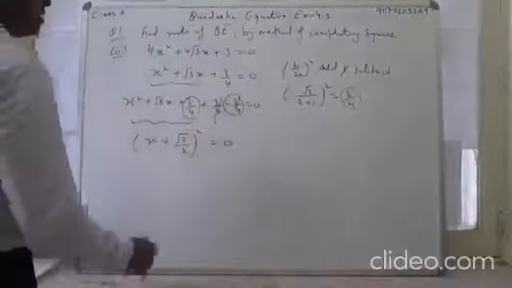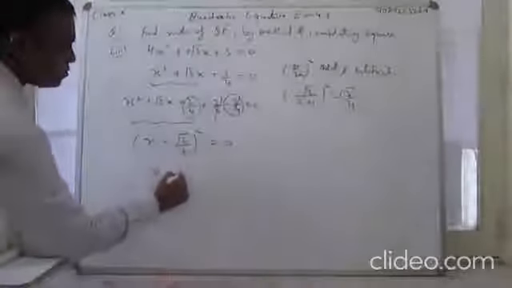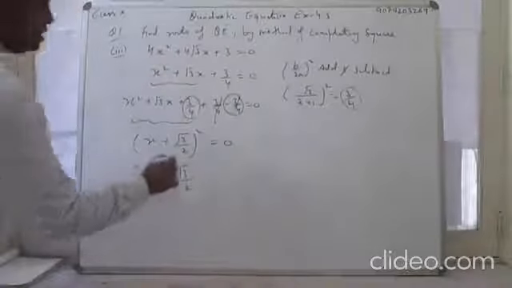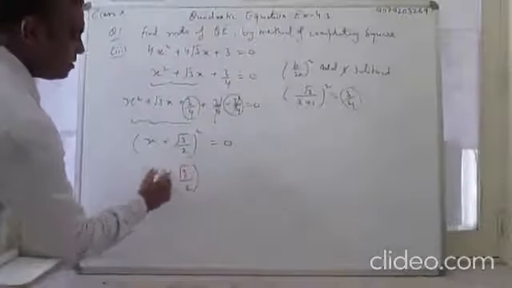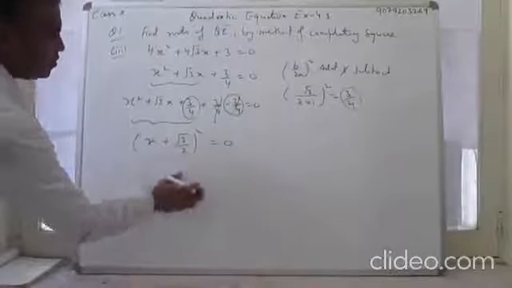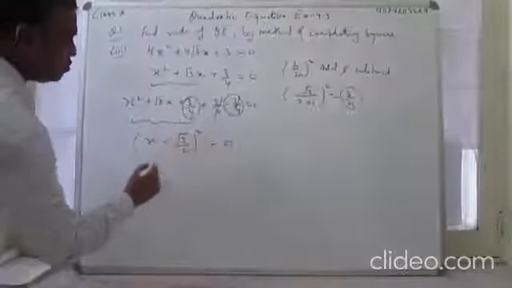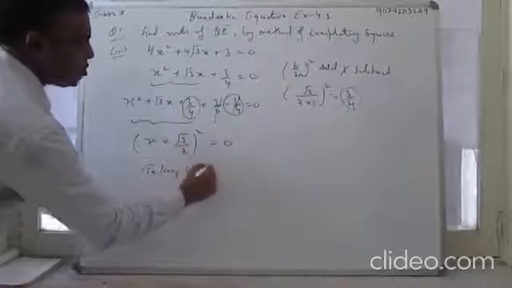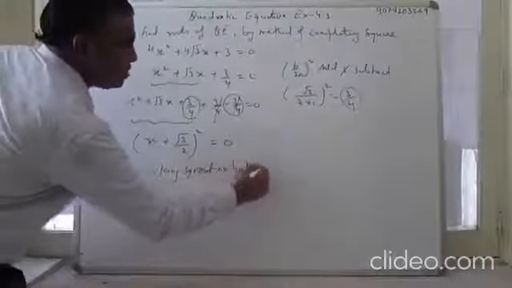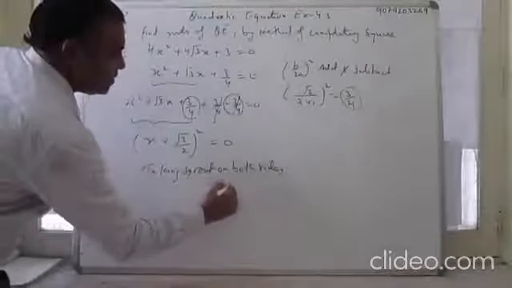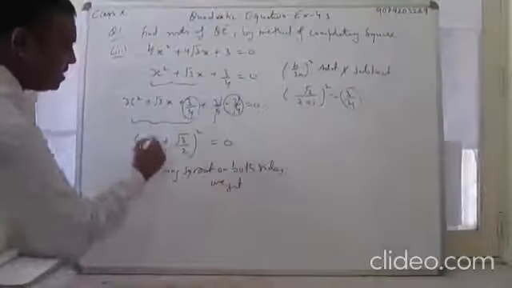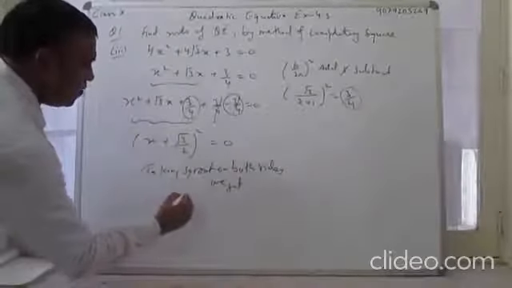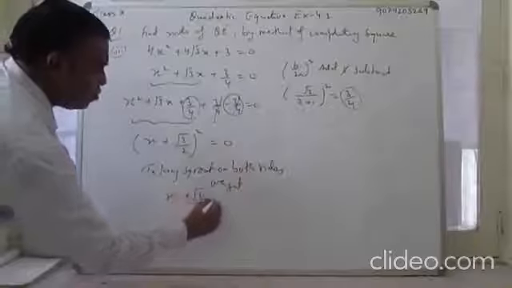It means (x plus root 3/2) का whole square 0 हो गया. So it is 0, so you can take square root on both sides. We get x plus root 3/2 is equal to 0. दो वैल्यू आएंगे.